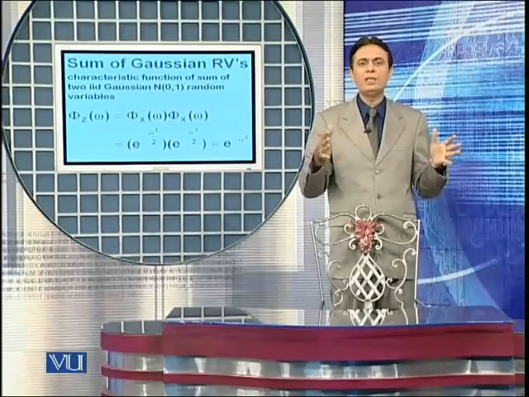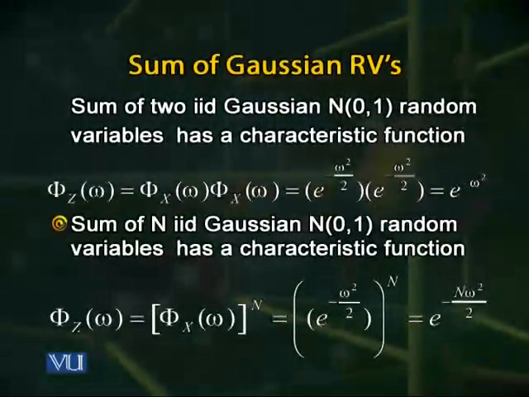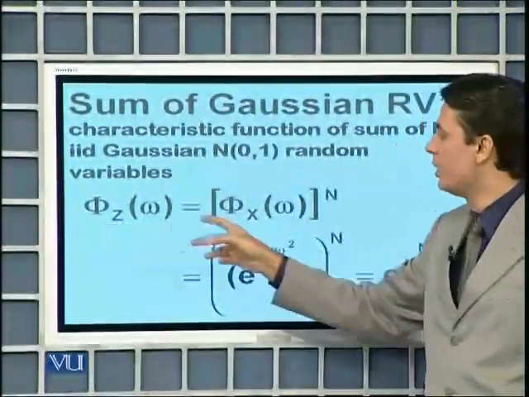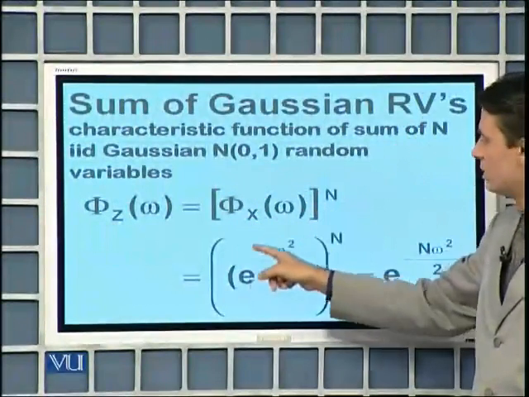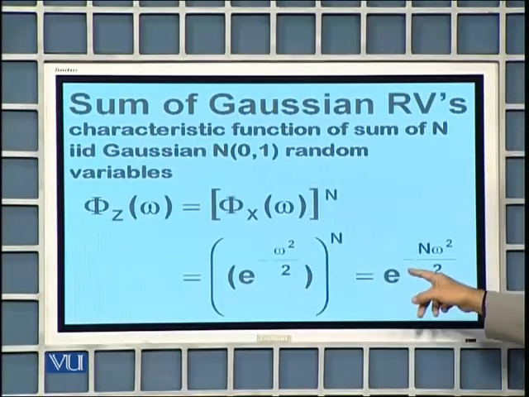And if you extend this argument further, you can see that if we have n Gaussian independent and identically distributed random variables, and you define z as the sum of those independent random variables, then the characteristic function of z will be the nth power of the characteristic function of x, which is e raised to power minus omega square over 2. And if you take its nth power, it comes out to be e raised to power minus n times omega square over 2.